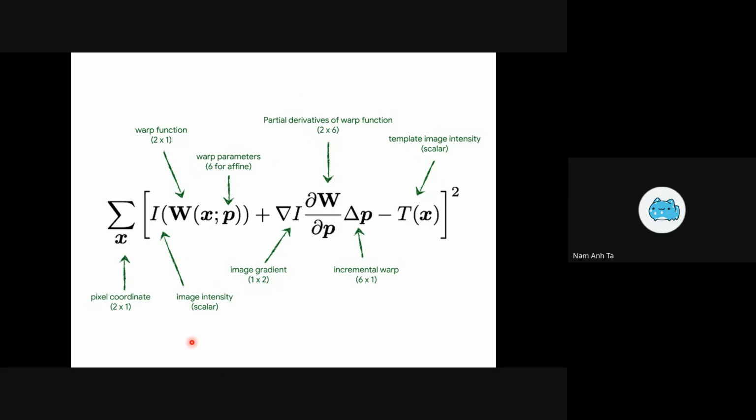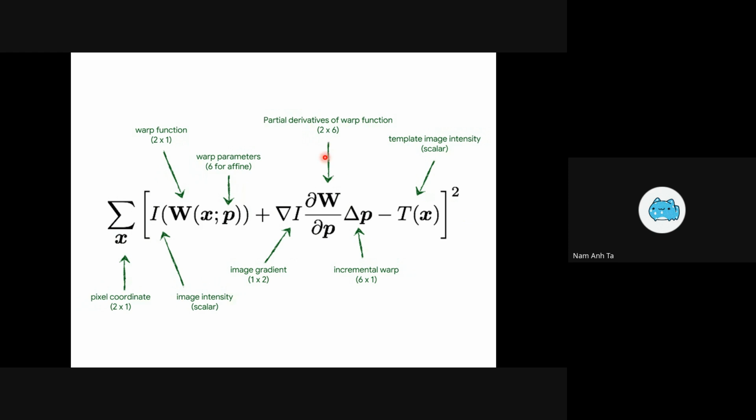The x here is the pixel coordinates, which is a 2 times 1 vector. The W here is the warp function mapping the template coordinates to new image coordinates. And the I outside here is the image intensity after the transformation, a scalar. The nabla I here is the image gradient. And this is the Jacobian matrix that I just introduced.